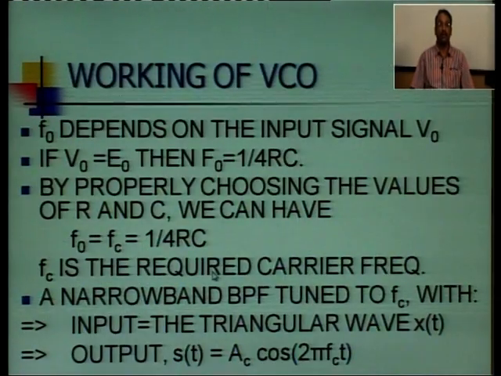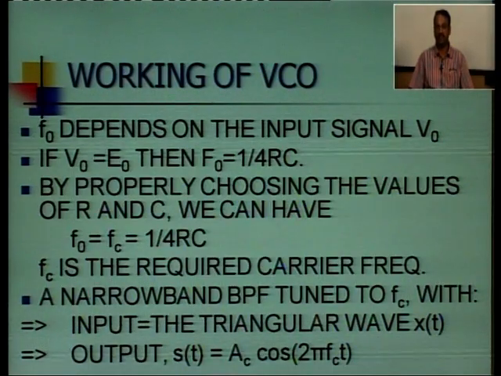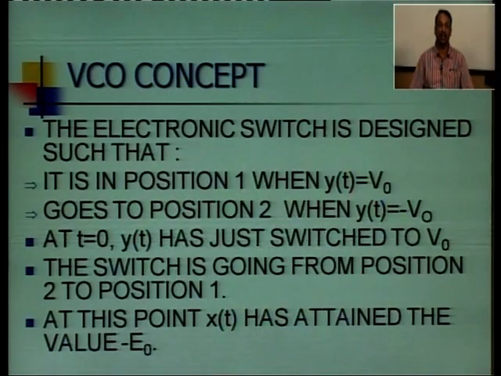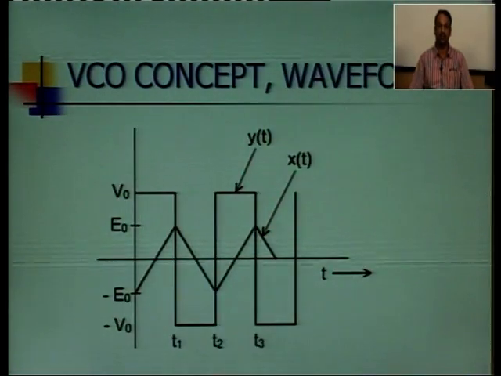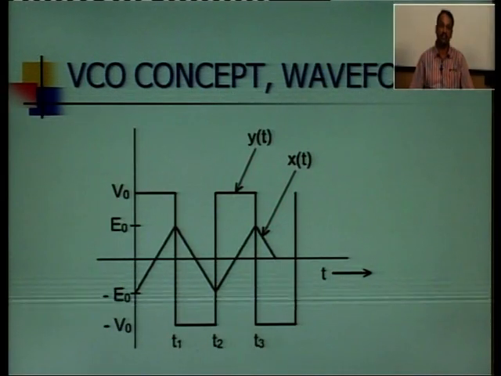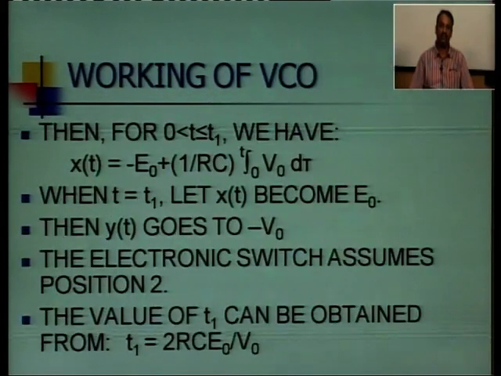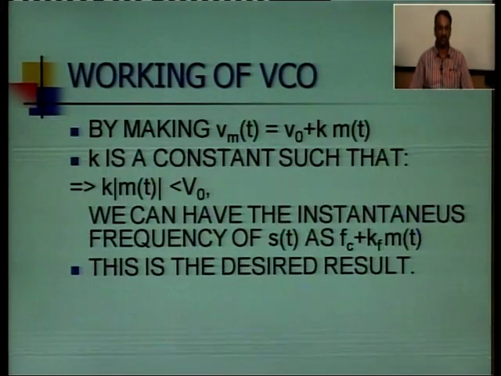In a VCO we get a variable oscillator frequency depending upon the input voltage. So, it converts voltage into frequency. To construct a VCO, either a Schmitt trigger or an integrator is used. We get a triangular wave whose output varies between E0 and minus E0, and depending upon its output we get a variable frequency.